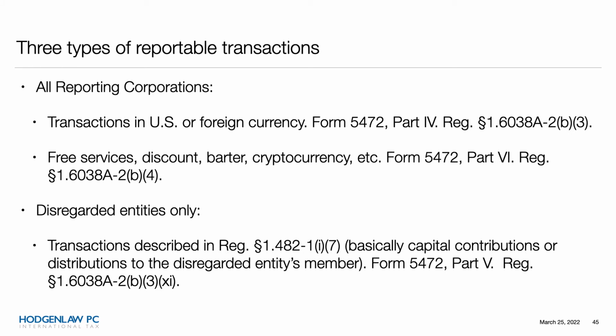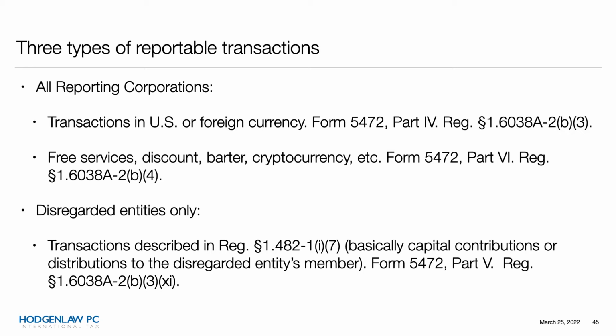And there are 3 types of transactions that you will be looking at. And the type of transactions that you look at are going to depend in part on the type of reporting corporation that you have.